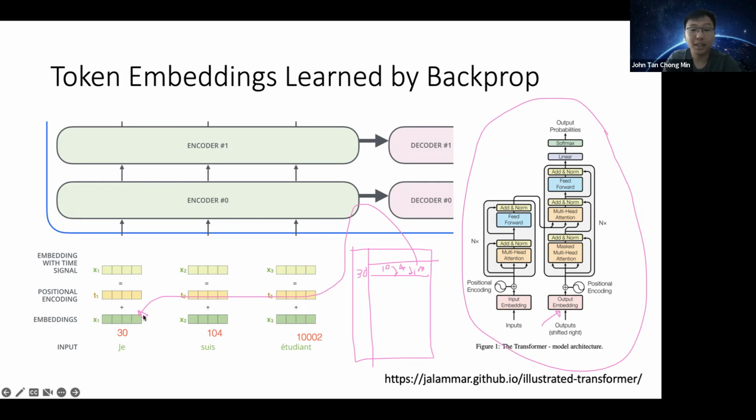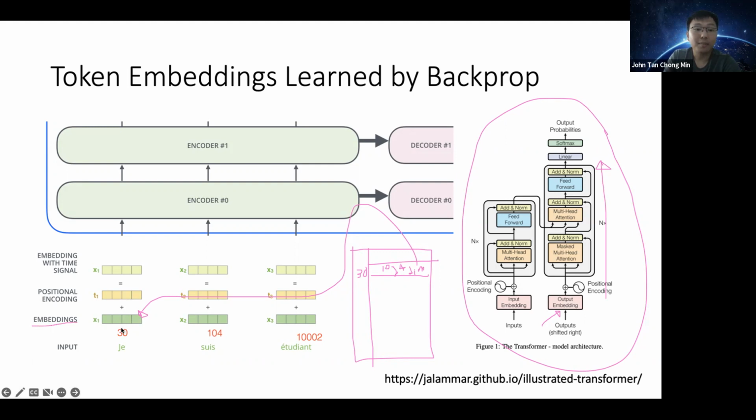This is just one example of how the embeddings are initially generated in a transformer model. At the input layer, you do an embedding lookup table and you get the embedding here, which will then be processed through self-attention and so on to refine the embedding space. I will not go through this in detail because this is not a transformer video. I would like to just focus on this embedding over here.